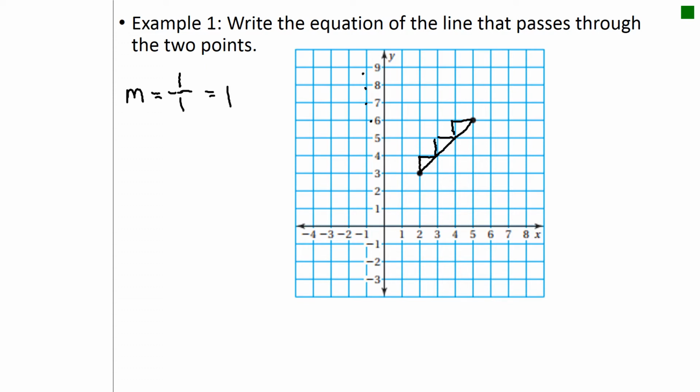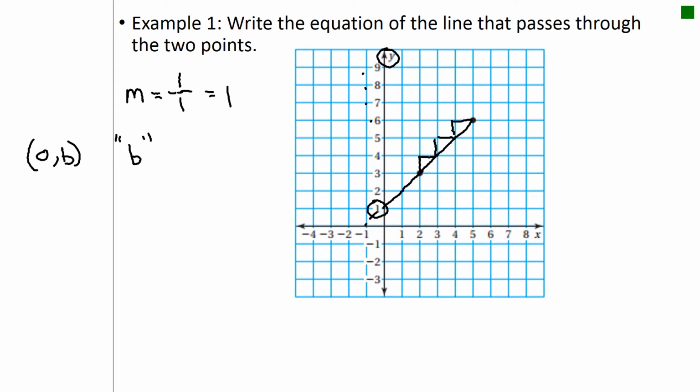The second thing we're going to find is our intercept, which is the point at (0, b). And that is going to be where the line crosses the y-axis. And so now I'm going to extend that line using the same slope. And it sure looks like it hits right here at 1.